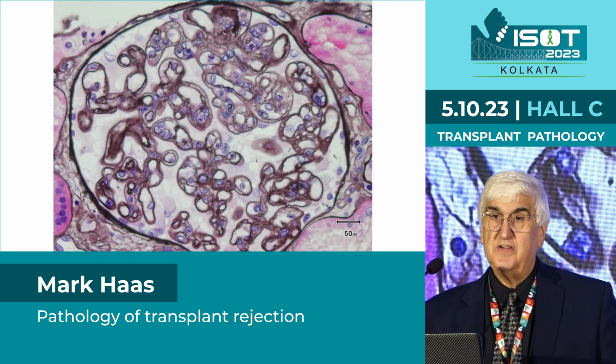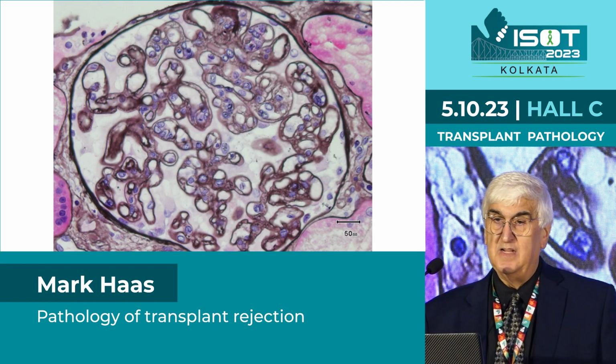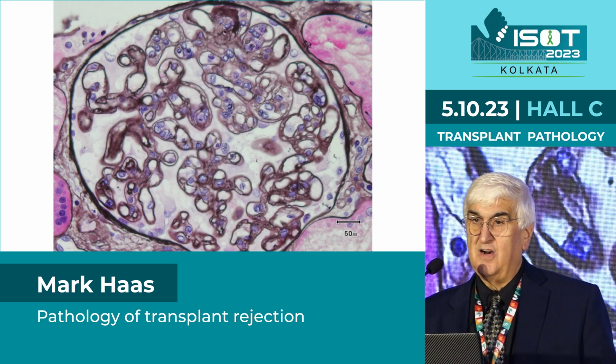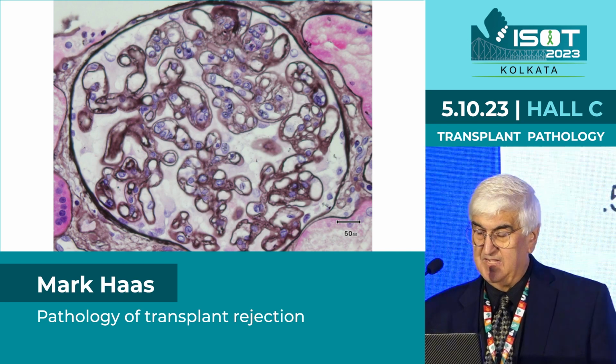The hallmark lesion of chronic rejection, and I'm referring primarily to chronic antibody-mediated rejection, is transplant glomerulopathy, duplication of the glomerular basement membranes seen on a silver or a PAS stain of the glomeruli.